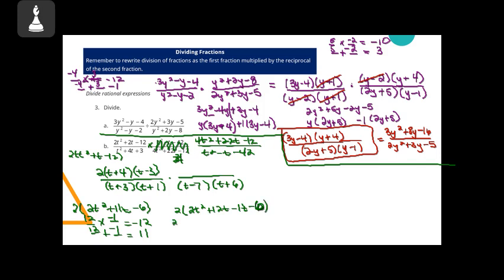We then have a t plus 6, and the leftover is 2t minus 1. So I took this piece down here to factor, kind of out of the way. Now let's see what we can cancel out. I have a t plus 6 that cancels out.